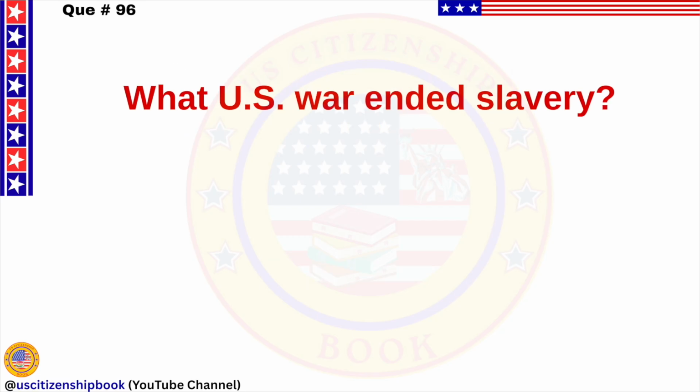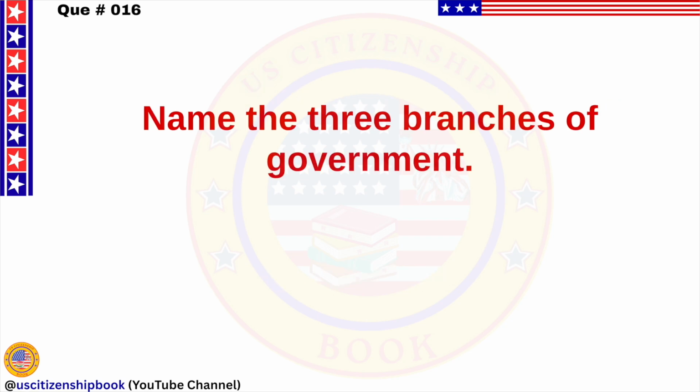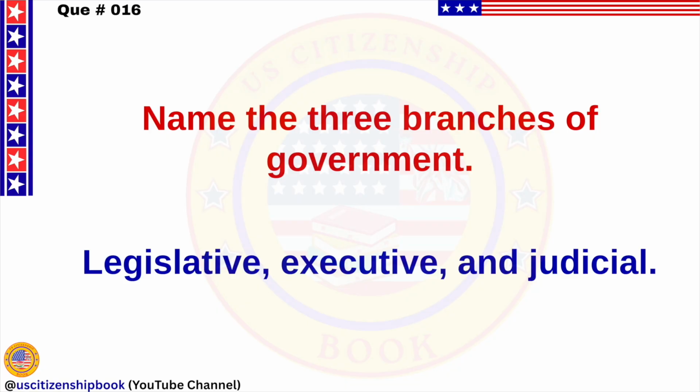What U.S. war ended slavery? The Civil War. Name the three branches of government. Legislative, executive, and judicial.